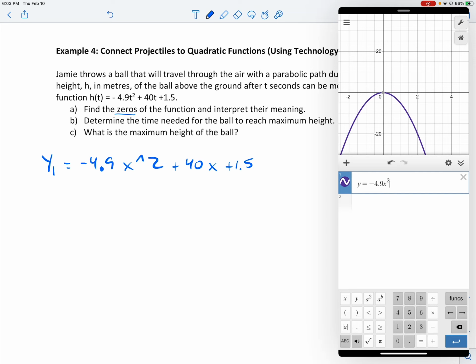There is a button that's used for subtraction, and there's a button that's used to show something's negative. So you want to make sure you use the negative symbol. I can go over that in class with you if you need to. All right, so back to this. I'm just going to add the rest of this equation: 40x plus 1.5.